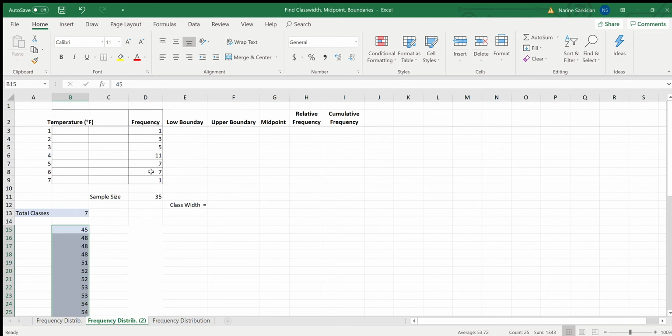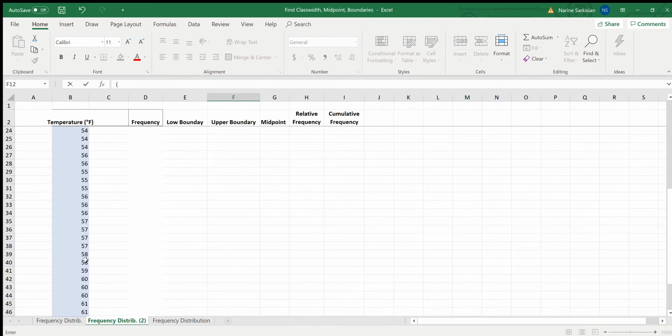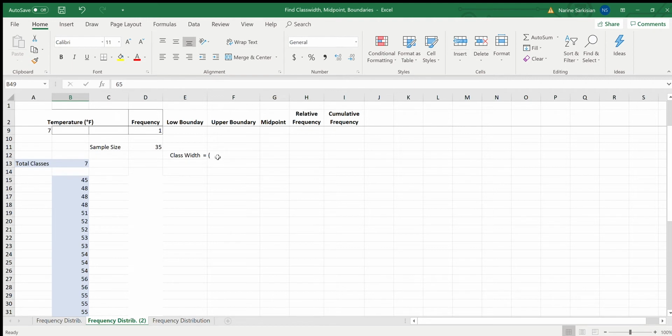So frequency I already put in there because I don't want to spend time looking at which number, how many are there, okay? So class width, that's the first step we need to do. For class width, the formula is the maximum number, 65 here. I clicked on it. It didn't register.